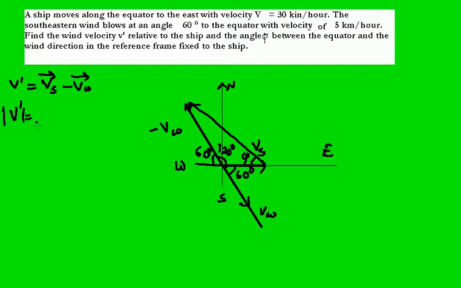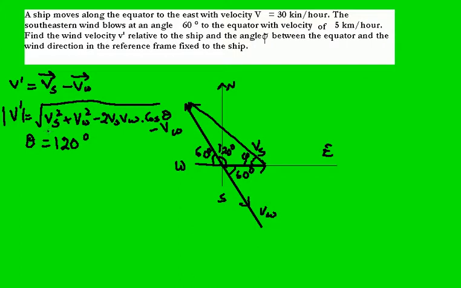The general form for vector subtraction would be the square root of vs square plus vw square minus 2 vs vw into cosine of the angle between the vectors, let it be theta. In this case, theta is equal to 120 degrees, the angle between vs and vw at this particular location, so please note this location.